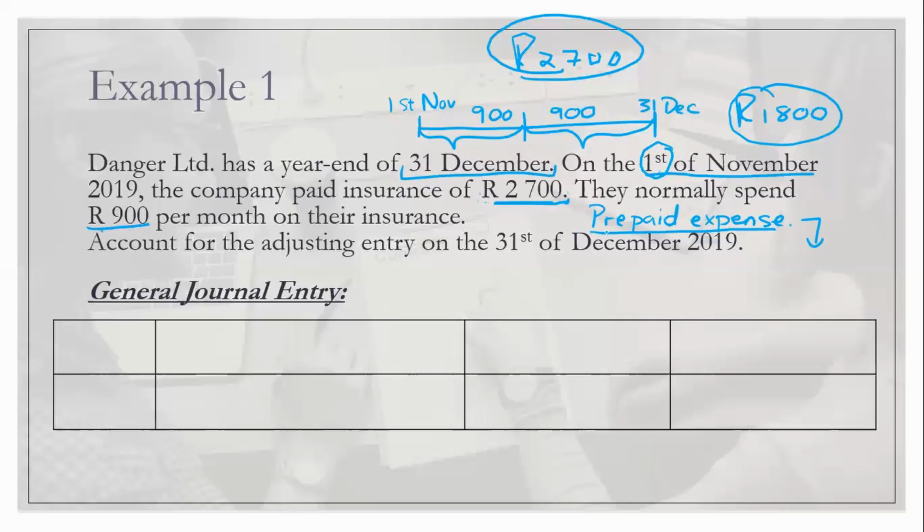If we have prepaid an expense, meaning we don't owe someone money, they owe us the work or the facilities that we can use, is that good or bad for the business?